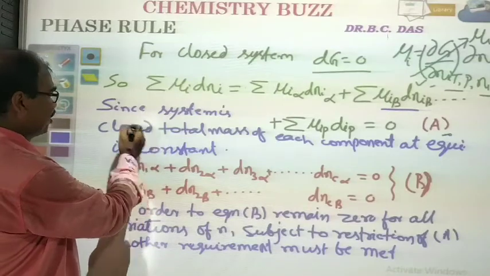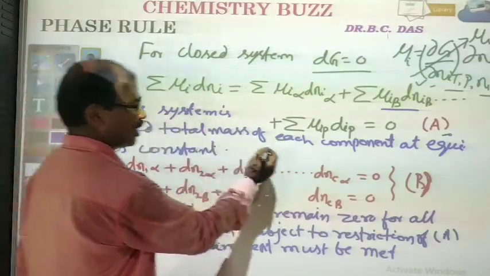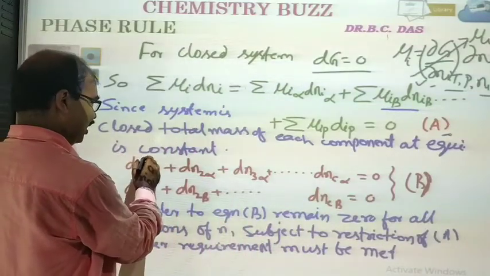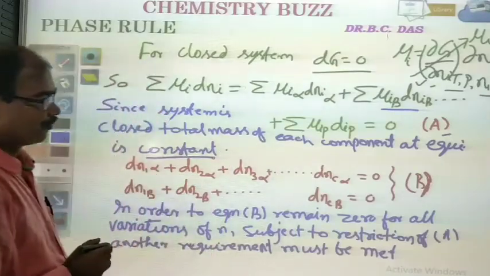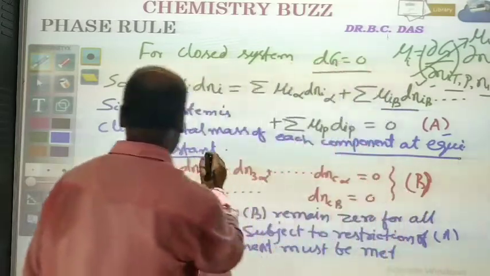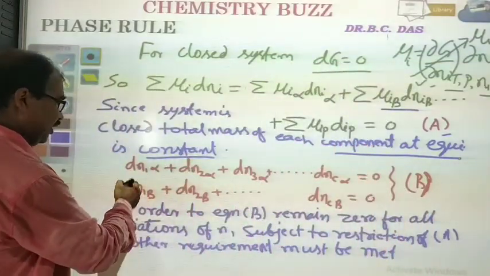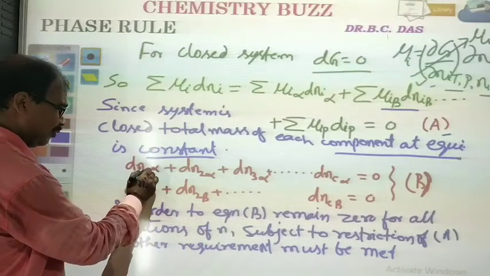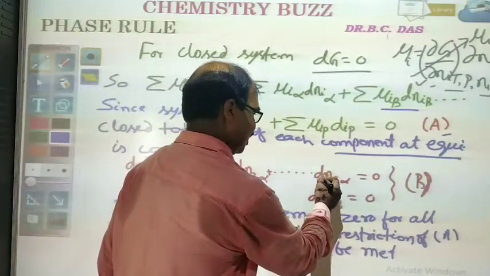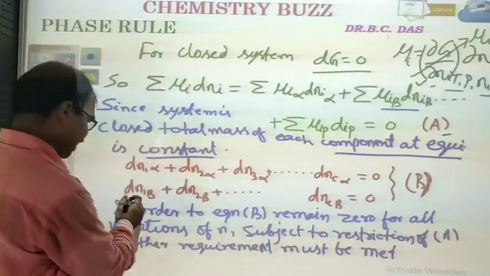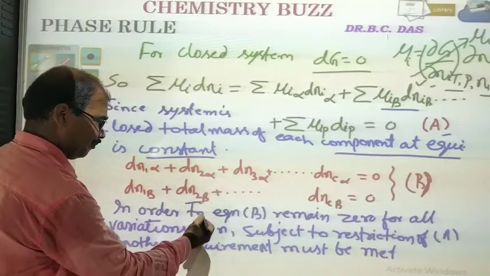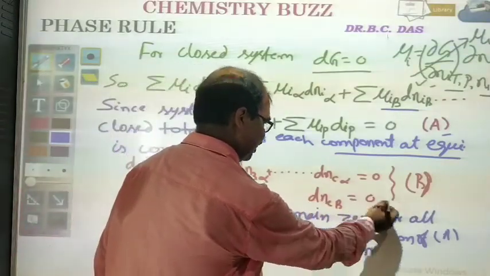Since the system is closed, the total mass of each component is equal and constant. So the total mass of each component at equilibrium is constant. So we have another condition here. dn1 alpha plus dn2 alpha plus dn3 alpha up to dnc alpha is equal to 0. Similarly, dn1 beta for the beta phase plus dn2 beta up to dnc beta is equal to 0.